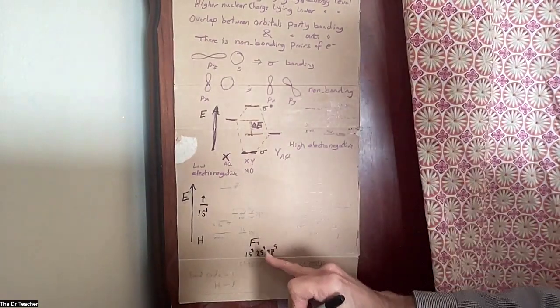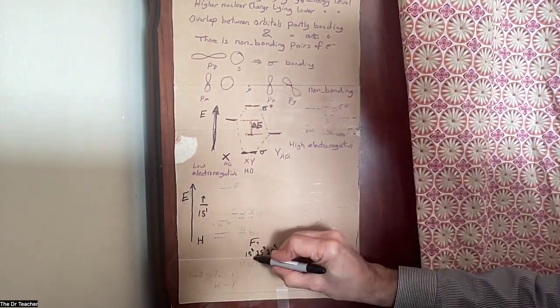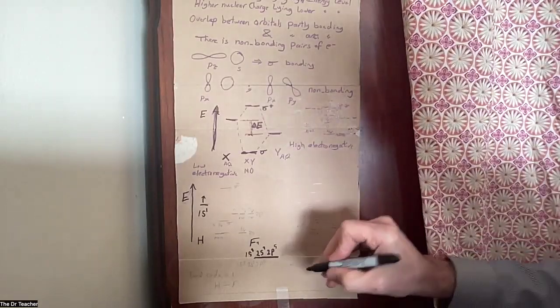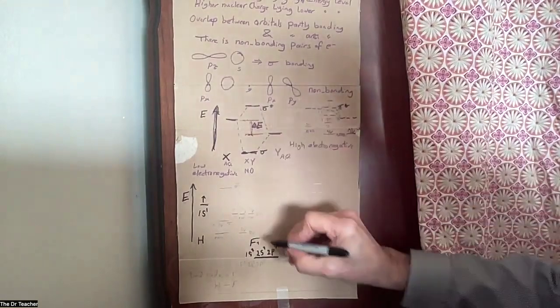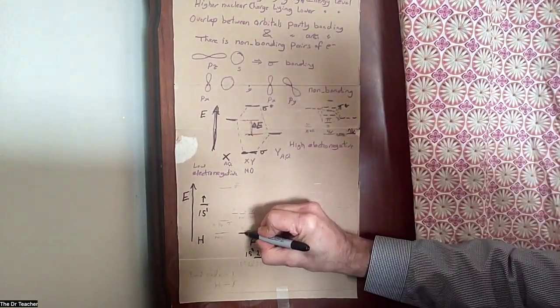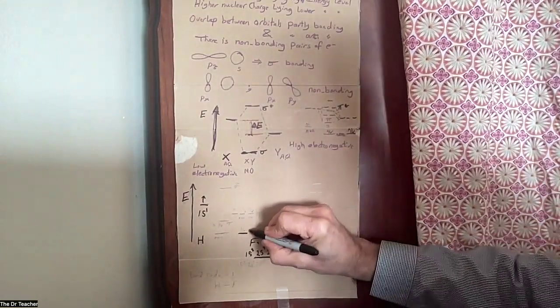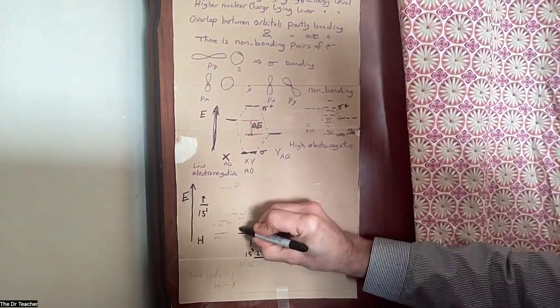Whereas for the fluorine, we depend on the 2s2, 2p5 valence electrons. These valence electrons will be lower than the orbital of the hydrogen. This is the 2s, 2s2, which has 2 electrons.